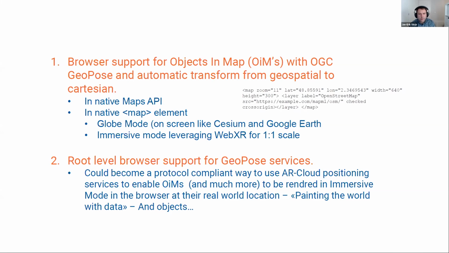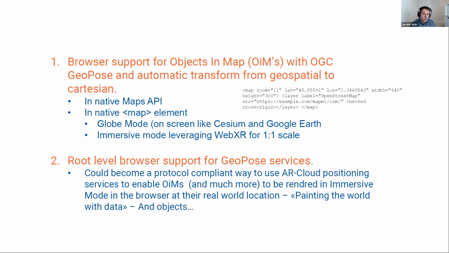When you're in, for instance, a WebXR immersive mode, if you use just GPS and compass from your device, you might fall a bit short on accuracy. So AR cloud technology tends to leverage an AR cloud map representation of the world for positioning.